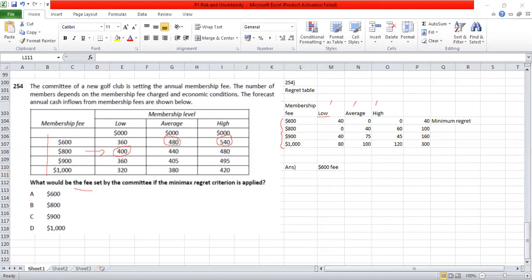I think that's it about 55, expected value.